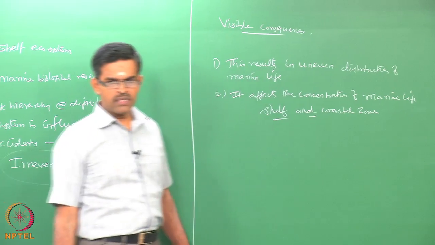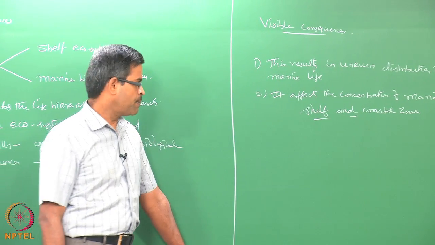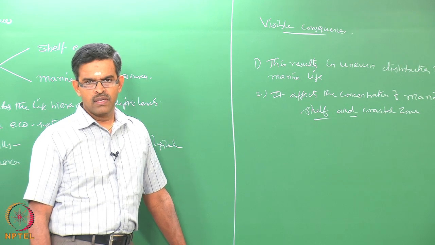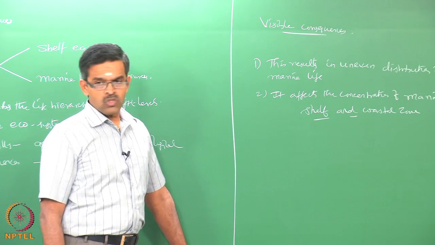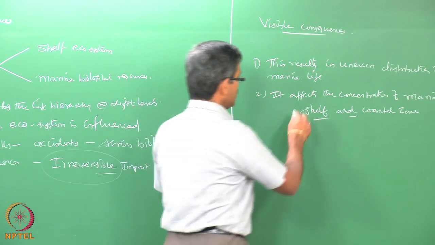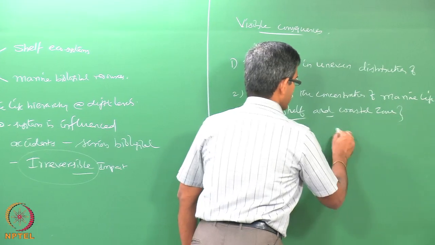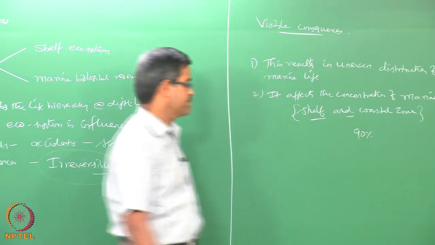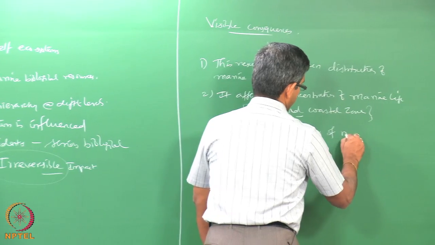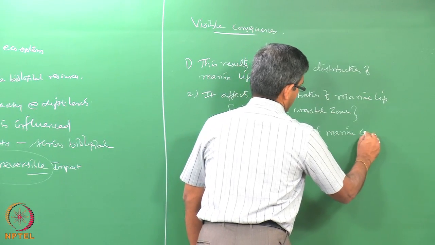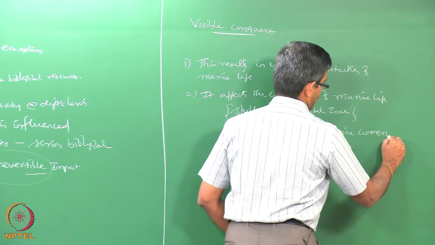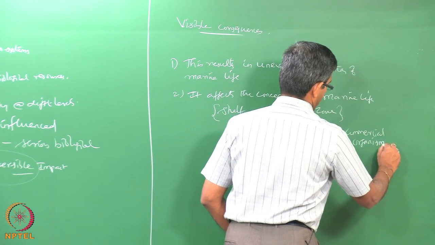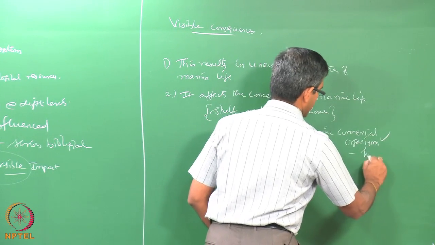Because interestingly, these are the two areas now where people are focusing more on oil and gas production. And also, more interestingly, these are the two zones where 90% of the marine organisms actually habitate.